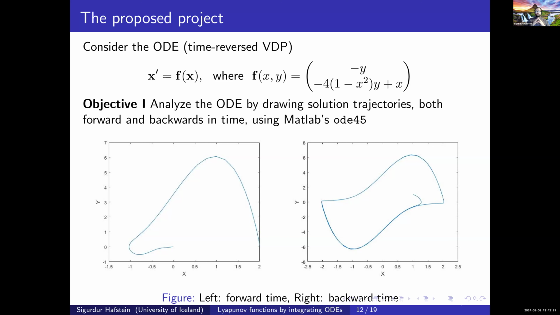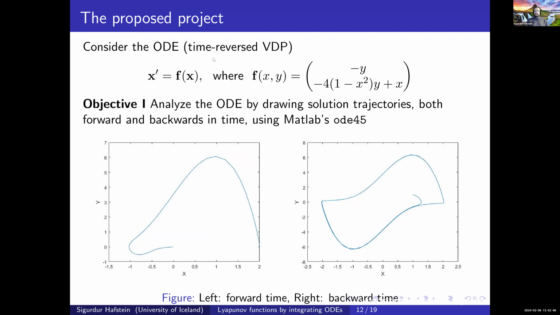So here we have, actually, I used the time-reversed van der Pol oscillator because I want to have a stable equilibrium at the origin. So basically I just reverse the time with a minus in front of the right-hand side. The first objective of the project is simply to use ODE45, the standard solver in MATLAB, to generate some solution trajectories and see what is happening.